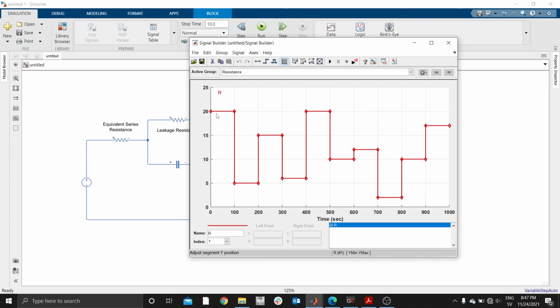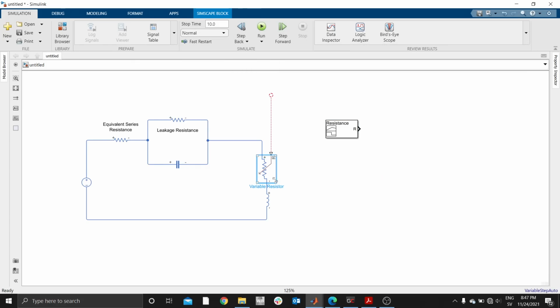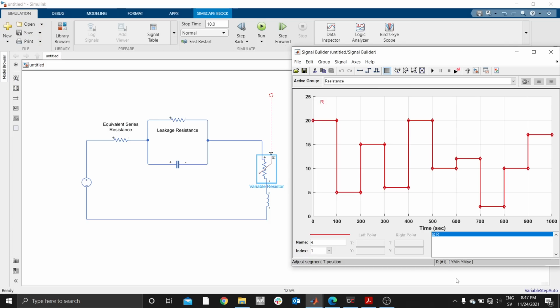From 0 to 100, the value of R is 20. The variable resistor will be 20 from 0 to 100. Then from 100 to 200, the value drops from 20 to 5 ohms.